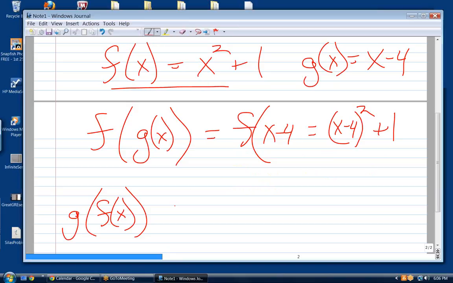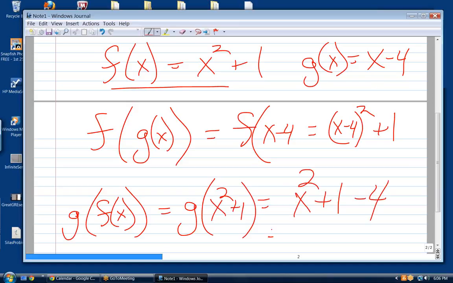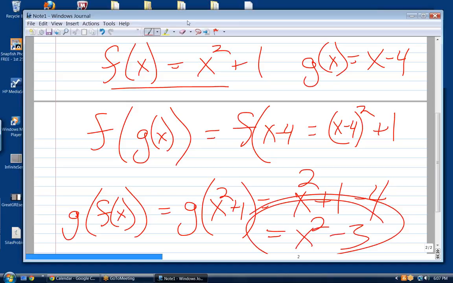That's the same as g of x squared plus 1, which is the same as plugging that in for x. So there's g of f of x, and the other one was f of g of x.